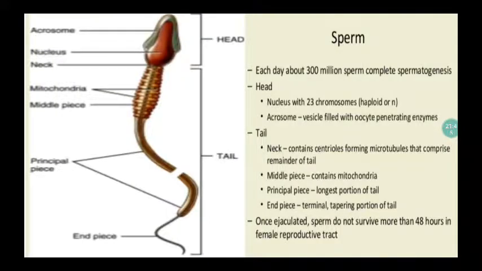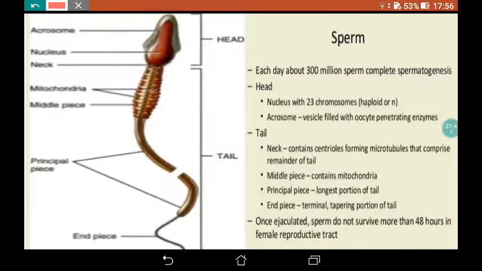Okay, so now just look at the different parts of the sperm. The sperm has different parts. The very first part is called the head. This whole part from here up to this is called the head. The head shows the presence of the nucleus. It has a small amount of cytoplasmic mass in which the nucleus is present, and the nucleus contains a haploid set of chromosomes, and this nucleus only takes part in fertilization.